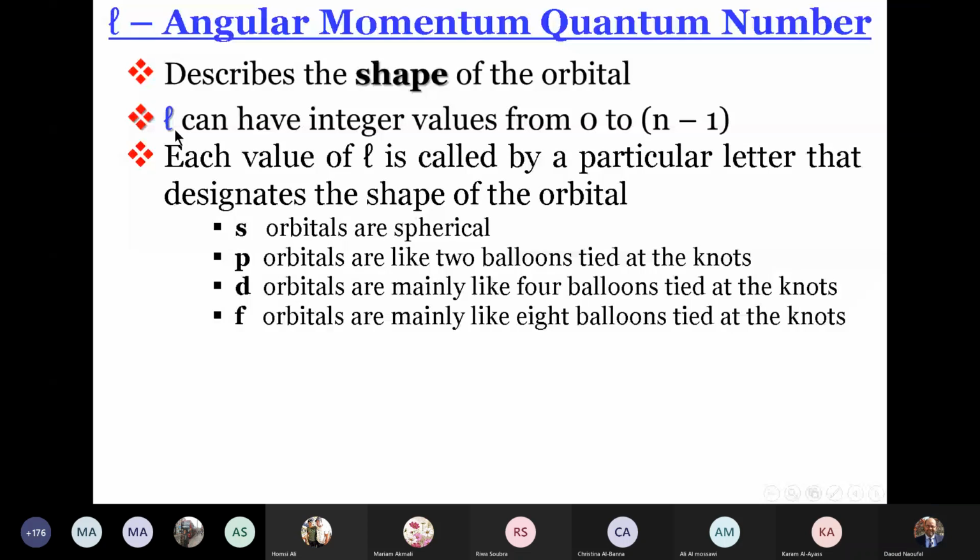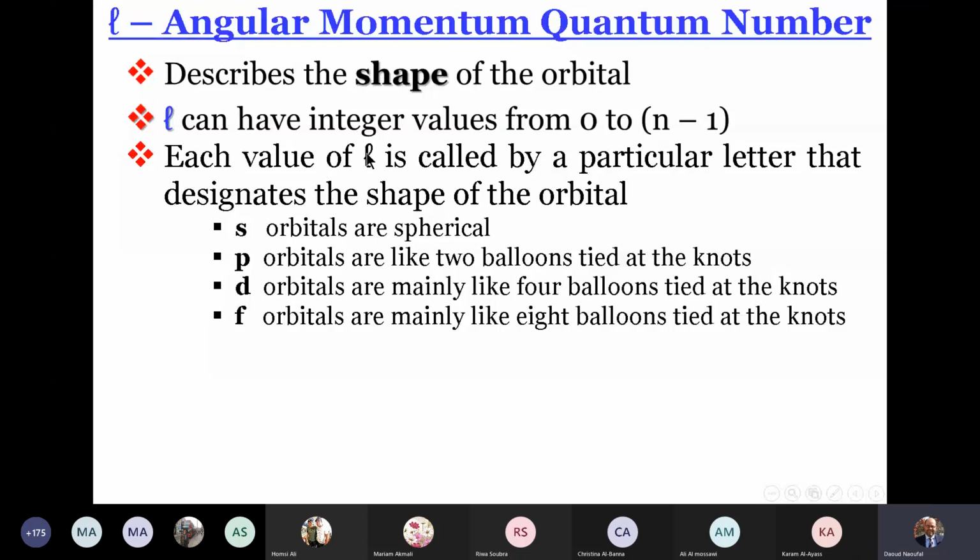If L is between 0 and n minus 1, for n equals 1, we have L equals 0. For n equals 2, we have L equals 0 and 1. For n equals 3, we have L equals 0, 1, and 2.